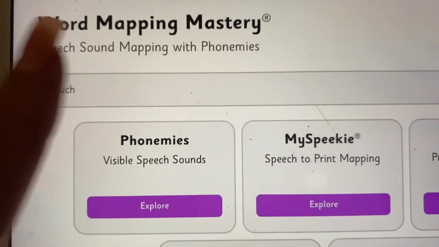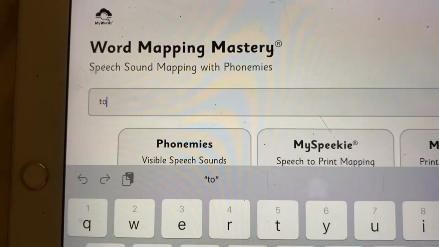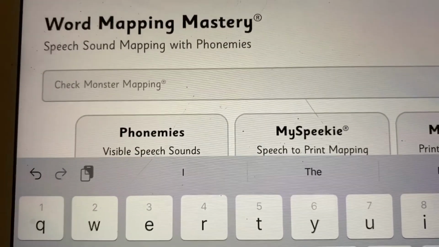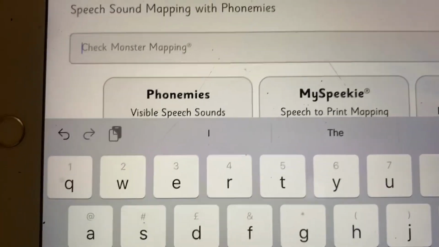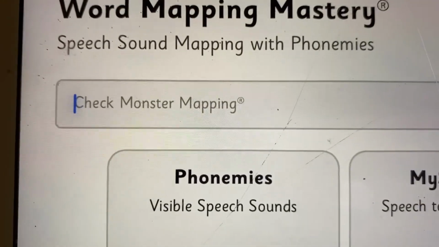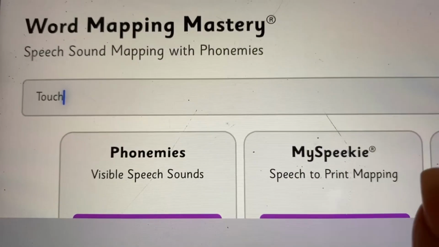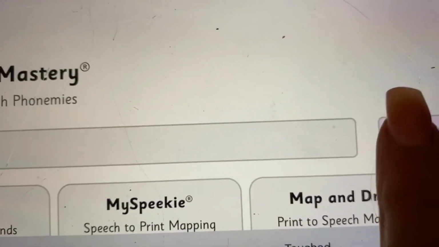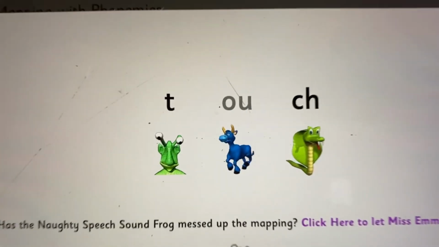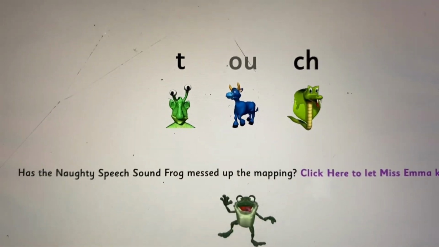Now also, if you're doing this on an iPad or whatever, if they had poor phonemic awareness and they weren't sure of the sounds, they could go touch, and see it. Touch.